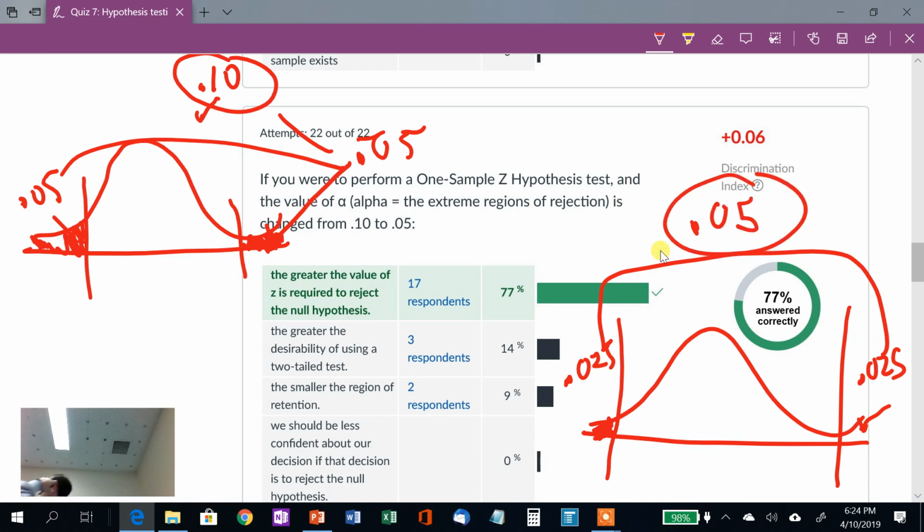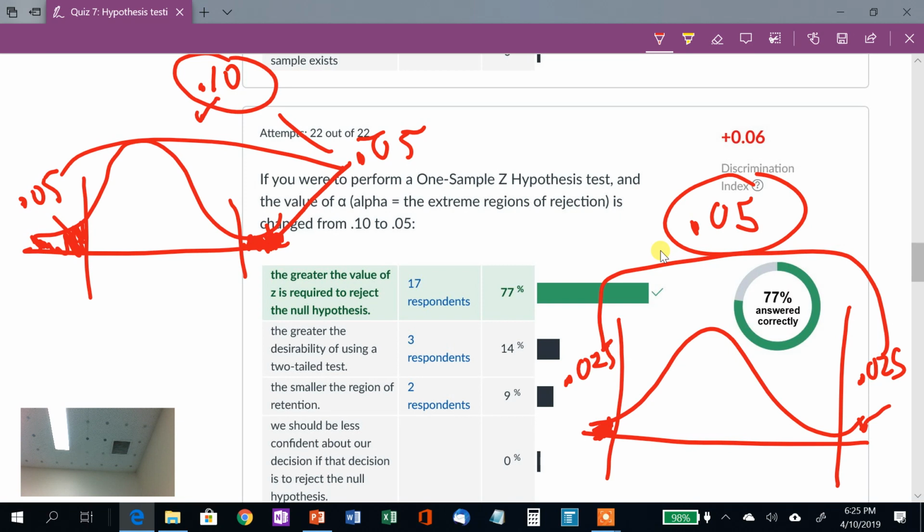All right. Here I'm going to make an alpha with a rejection of 0.05, which is less.